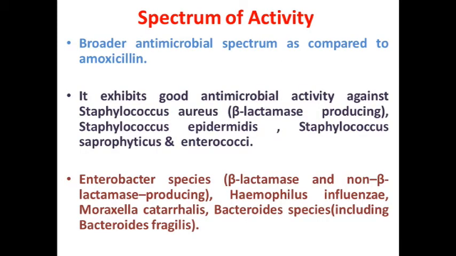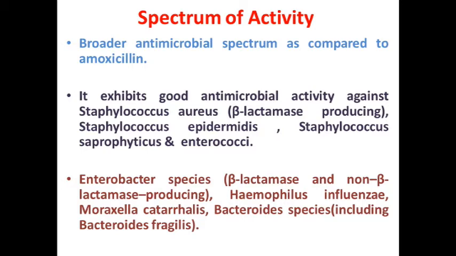Now if you look at the spectrum of activity, it will just broaden the activity of amoxicillin, because clavulanic acid on its own has no antibacterial activity, so it's giving more power to, in our example, amoxicillin. So it establishes the activity of amoxicillin to a greater extent on gram positive and gram negative organisms, especially the ones which produce beta lactamases.